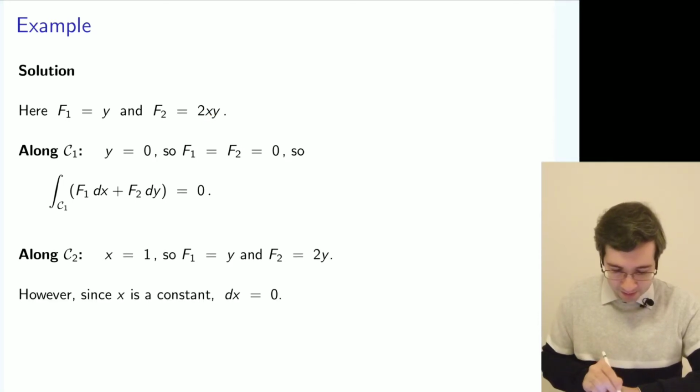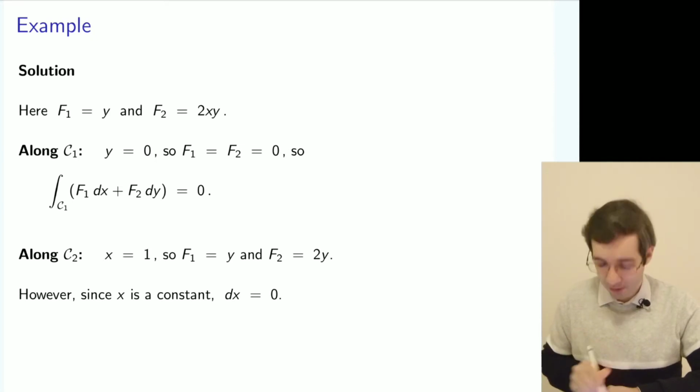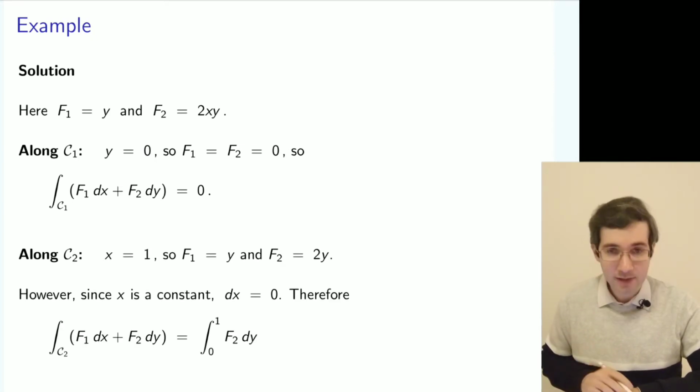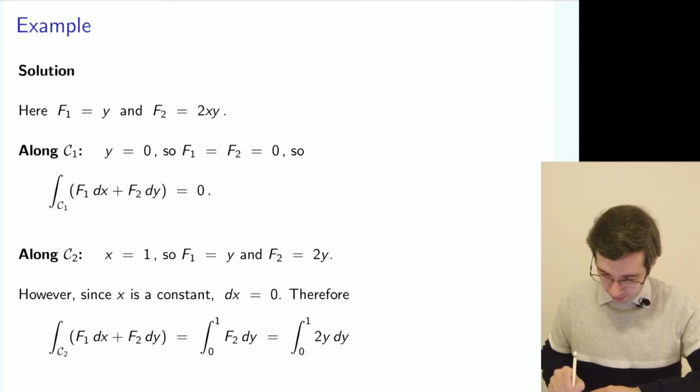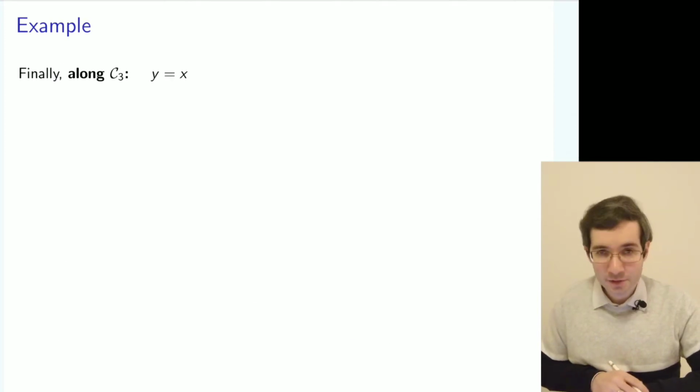And since x is constant, dx does not change, but dy does. So all we need to do is just to compute that integral, which we do to get 1. Fine. What about the last curve?